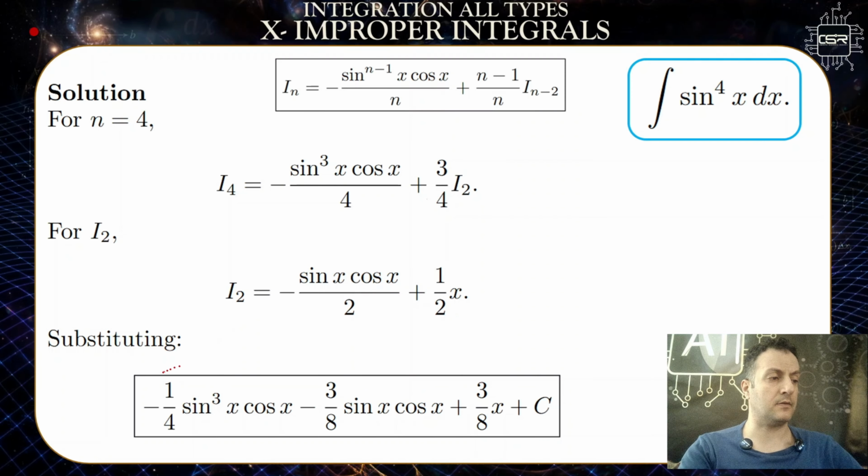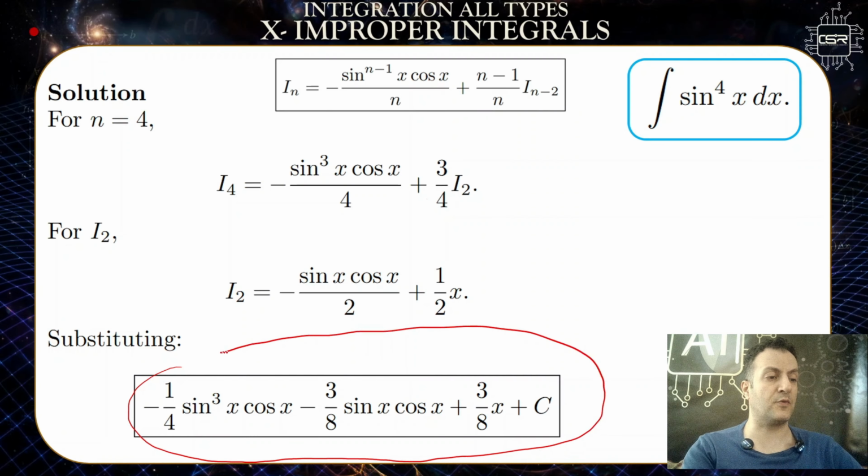Substituting back, we get this solution: minus 1 over 4 sin cubed x cosine x, minus 3 over 8 sin x cosine x plus 3 over 8 x plus c.